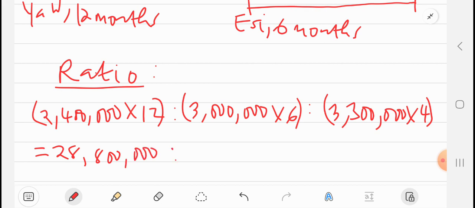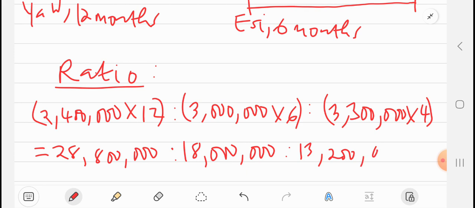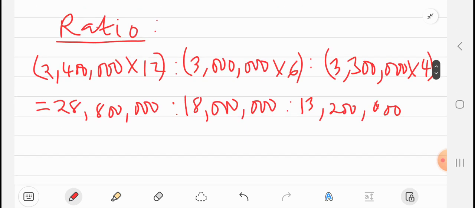The ratio with 18 million, and then now it will be 13 million. All right, so this is what we get. And this is therefore the same as if you simplify this, it becomes 24, 15, and 11.